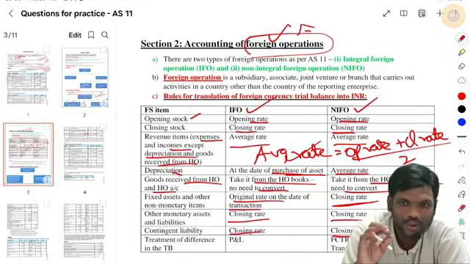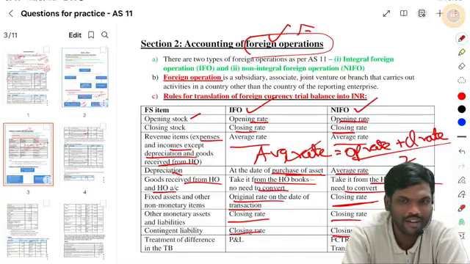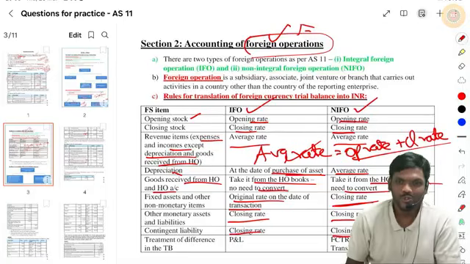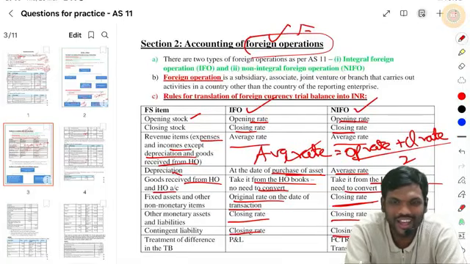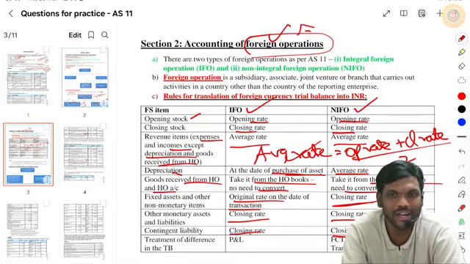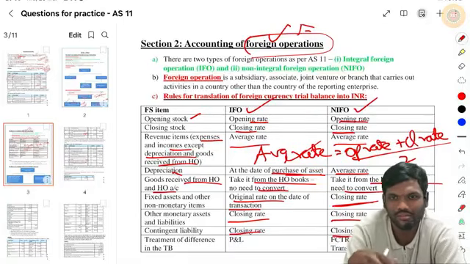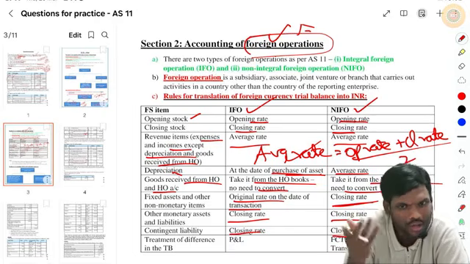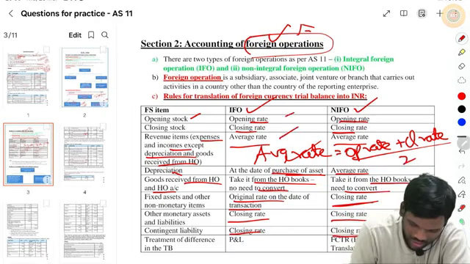Now for each item in the trial balance, we are using different exchange rates. So obviously, the trial balance which is translated into INR will not tally. It will tally only if you convert all of them using the same exchange rate. But here, are you doing that? No. Each one you're using one exchange rate.